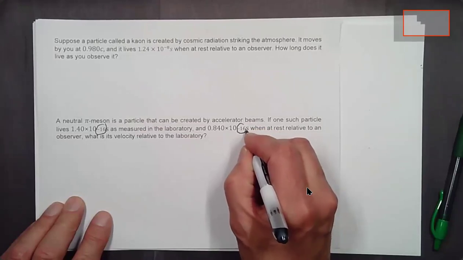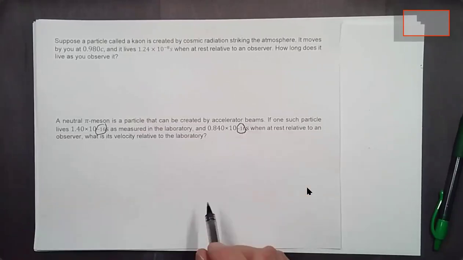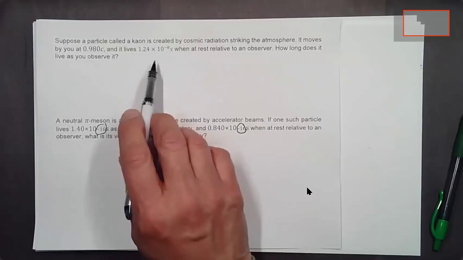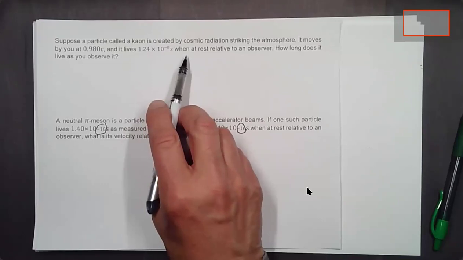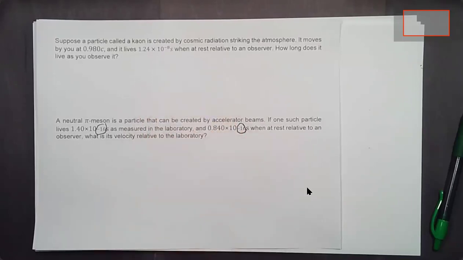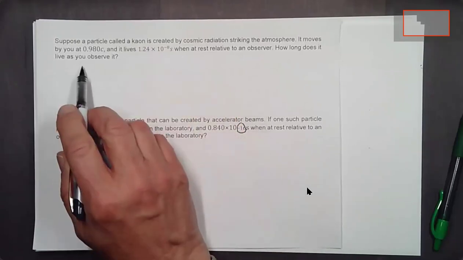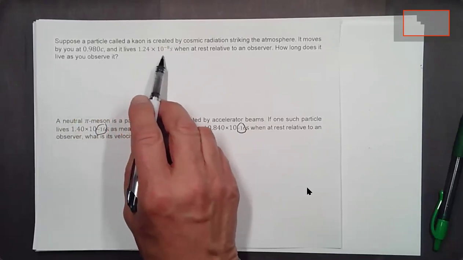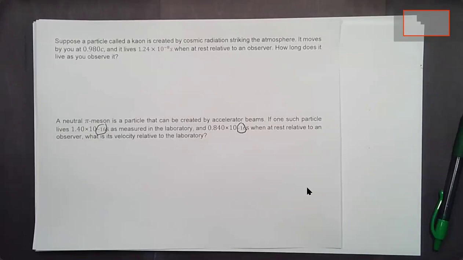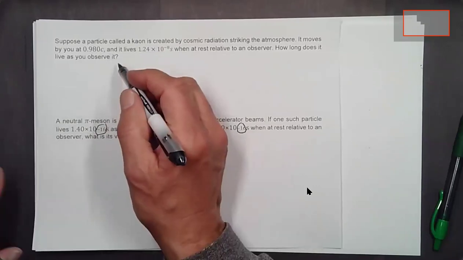So the formatting I had to correct. I corrected it on this one. But suppose a particle called a kaon is created by cosmic radiation striking the atmosphere. It moves by you at 0.980 c, then it lives 1.24 times 10 to the minus 8 seconds when at rest relative to an observer. How long does it live as you observe it?